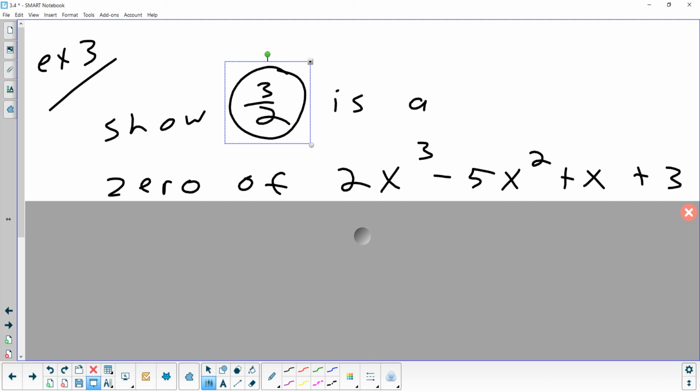Find a polynomial with certain roots. I gave you the roots, and you gave me the factors. So 3/2 is a 0. What is a factor?